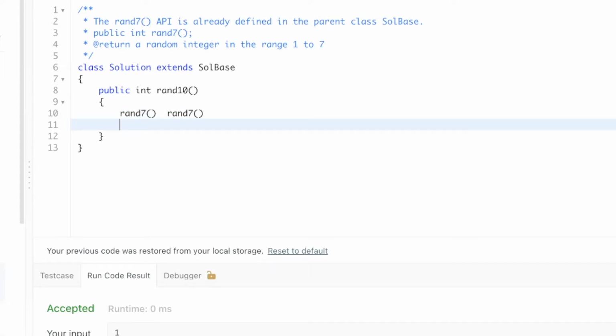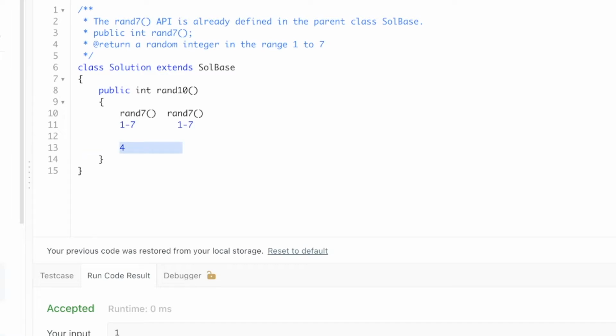If you think about it, there are 7 possibilities here and 7 possibilities over here, right? We could generate any number between 1 and 7 here, and any number between 1 and 7 there. Say we generate a 4 here and a 5 over there, or a 3 or a 2.